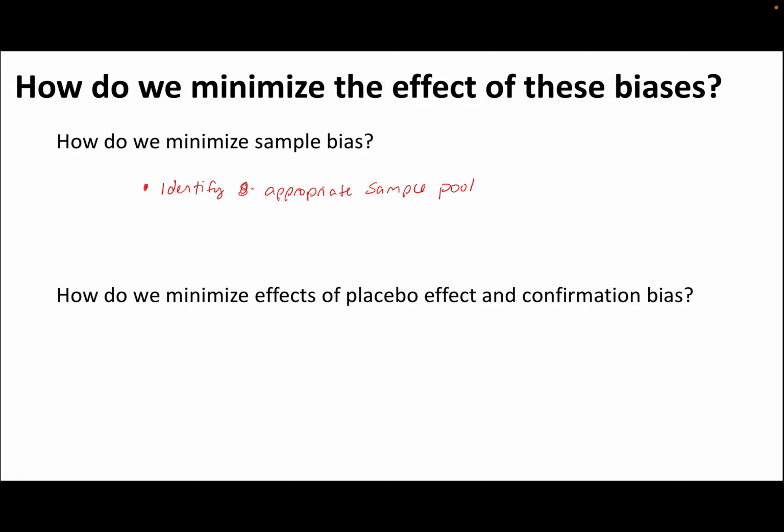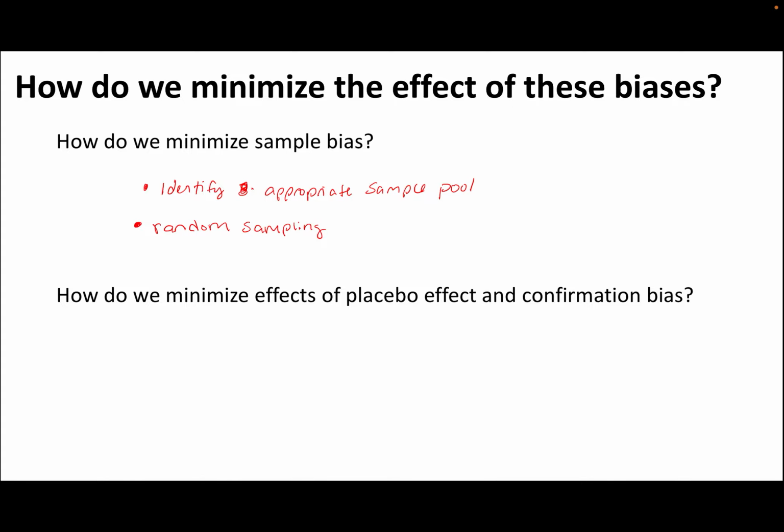And then once you've identified those sample pools, the other main way that you're going to minimize sample bias is by random sampling. We want to randomly select the individuals from these sample pools so that we don't either intentionally or unintentionally cherry pick individuals that might lead to an outcome but might not reflect the population as a whole.